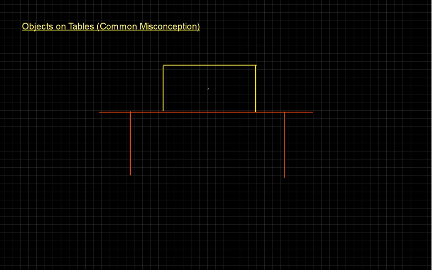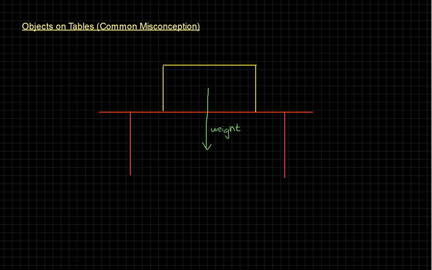Assuming it's a uniform box, evenly distributed mass, then technically the weight is coming from its center of mass in the middle. So let's draw this force here, and this is the weight of the box. So we've got a force there. It's acting downwards. It's got some magnitude.